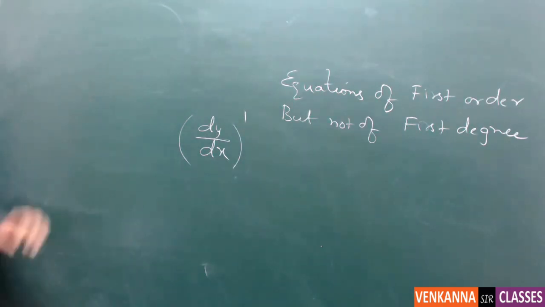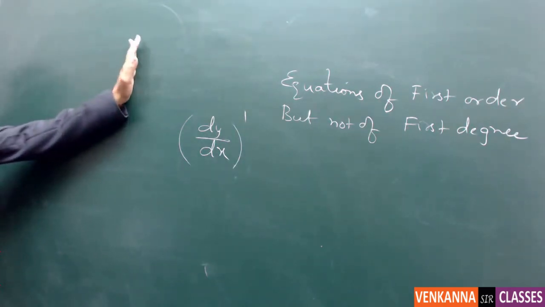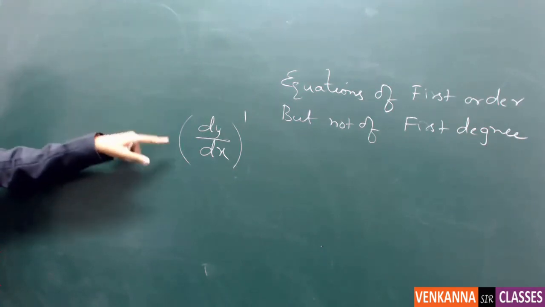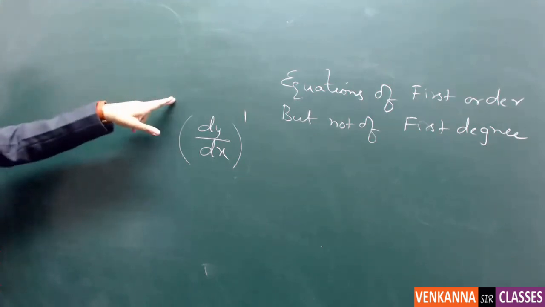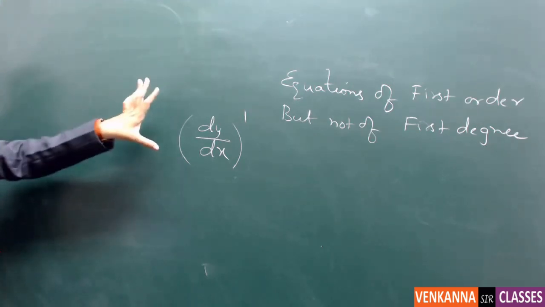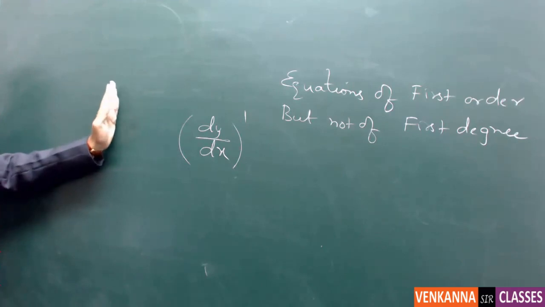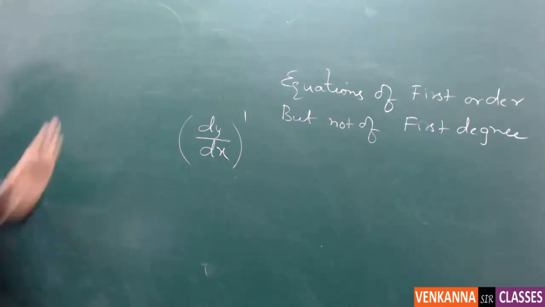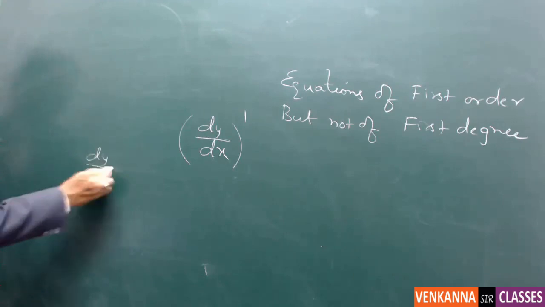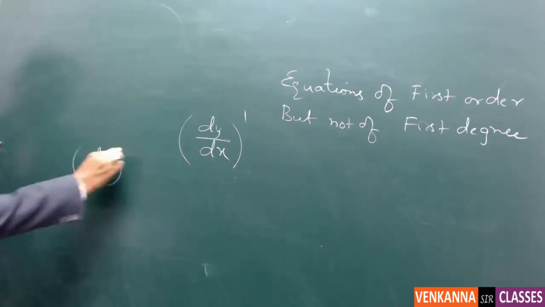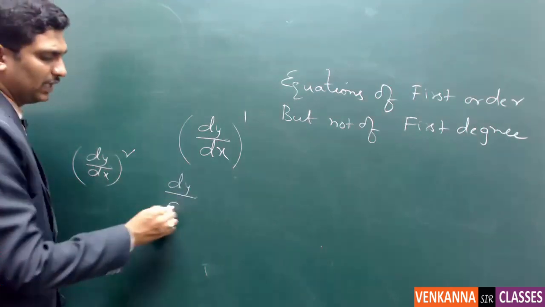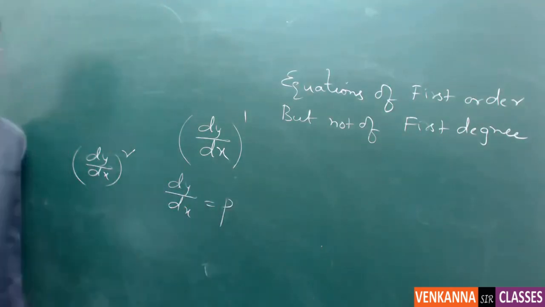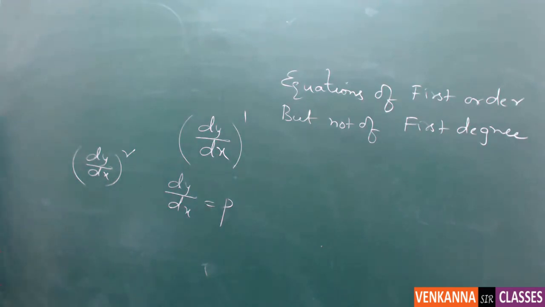We have not yet solved problems where dy by dx contains power more than 1, dy by dx whole square, dy by dx whole cube, etc. However, in the concept of change of variables, we solved the dy by dx whole square problem to a certain extent by taking dy by dx is equal to p, making it variable separable, and further solving it, right?